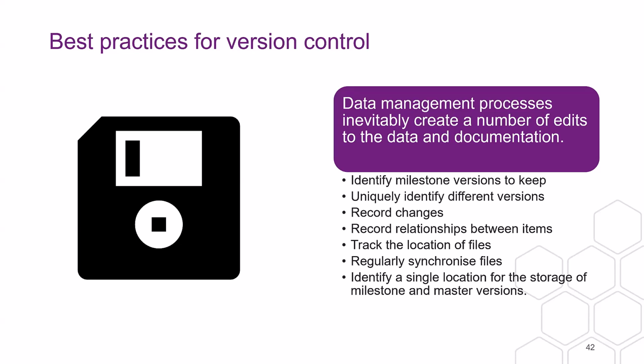Track the location of the files, actually knowing where we're saving all of this, synchronizing the files, going back to the backup, making sure that all of them are synchronized, and also identifying one location where we want to keep the master versions and all of our milestone files, as we do not want to get confused.